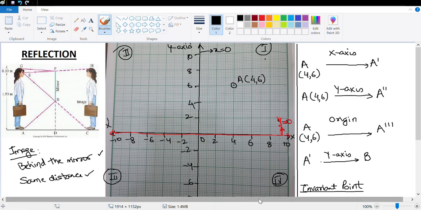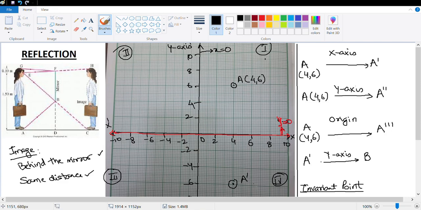Behind the mirror is quadrant 4, and it is 3 units on the y-axis, as in three boxes ahead on the y-axis. So this will be formed at the same place, but three boxes behind the axis. This would be the reflection of this point on the x-axis.